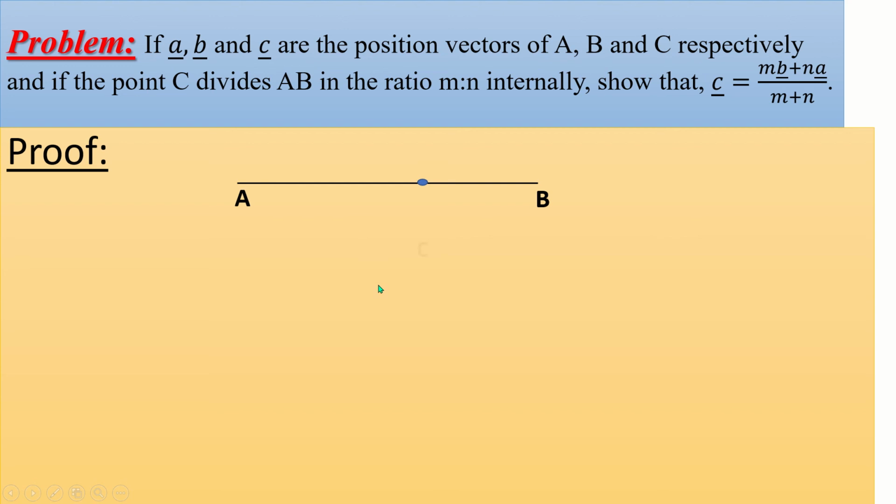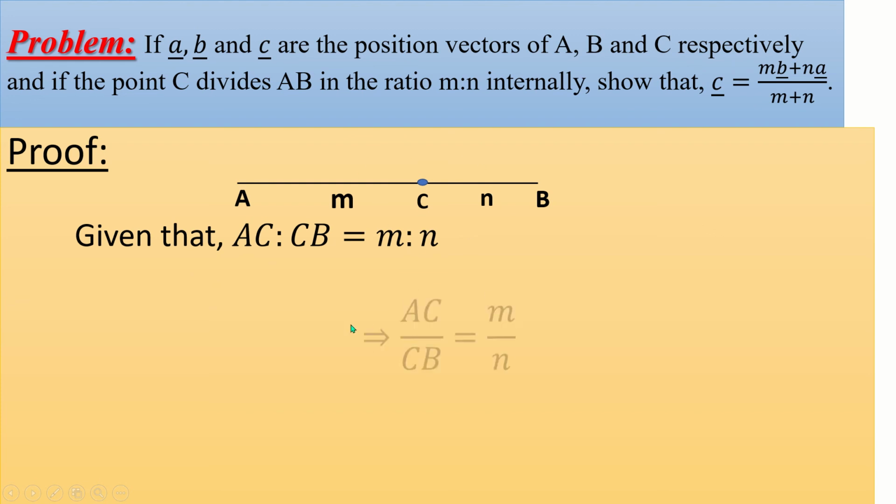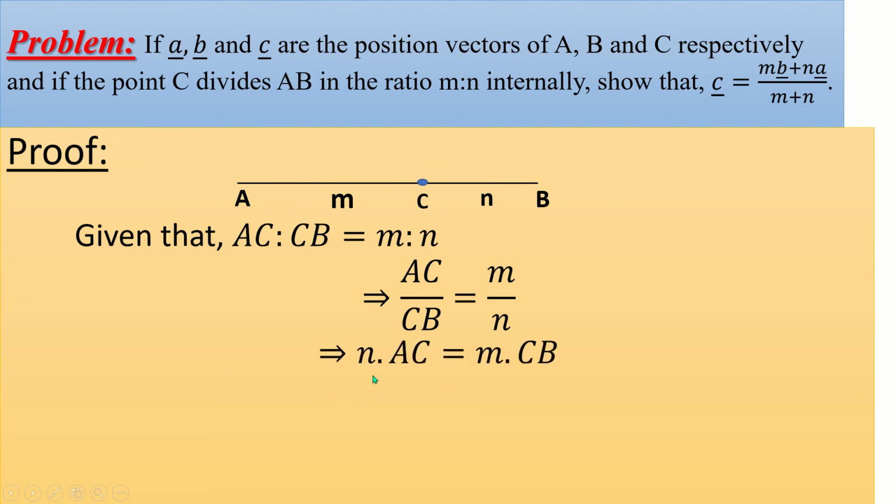AB is a line, and the point C divides it in the ratio m is to n. That means AC is to CB equals m is to n. By cross multiplication we get n times AC equals m times CB. AC and CB, their direction will be the same.